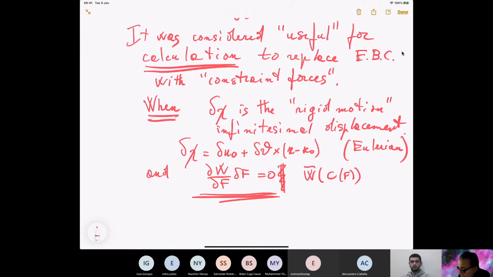In a rigid motion, there is no deformation energy. This is an assumption. So I have shown you the mathematical counterpart of this statement, but let us proceed. We accept this. Our theory must be built in this way. You want a deformation energy which in a rigid motion is 0. Otherwise, it is not a deformation energy.